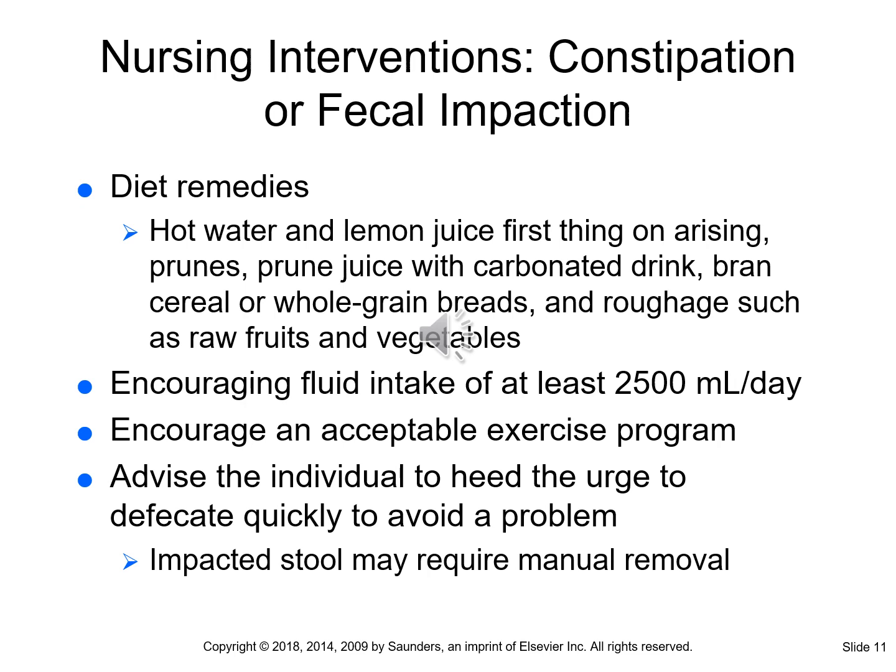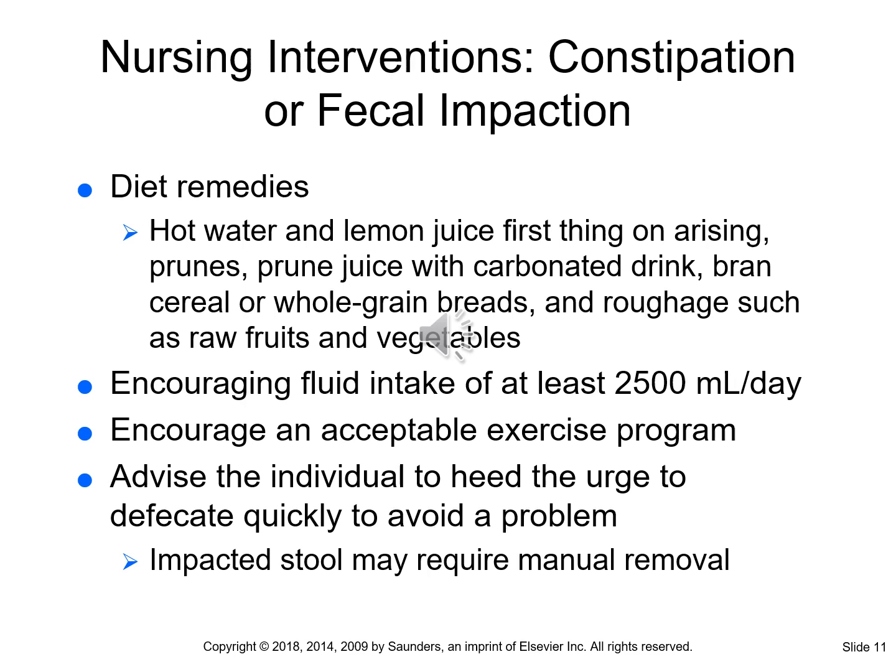Okay, so if the constipation is not resolved, then an impaction can occur. And then it could possibly require manual removal of the stool because the patient might not be able to defecate on his or her own. And so we want to make sure we prevent constipation or fecal impaction, making sure they're drinking plenty of fluids.